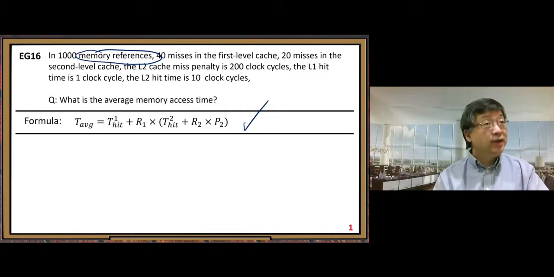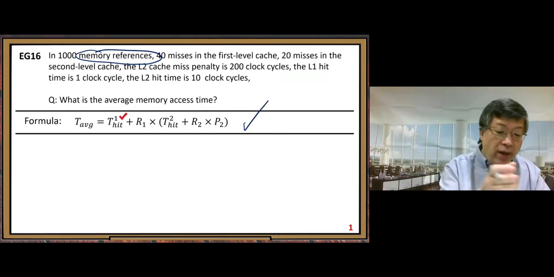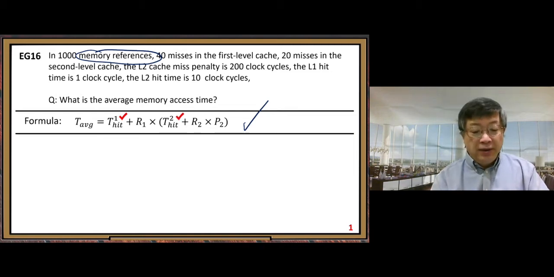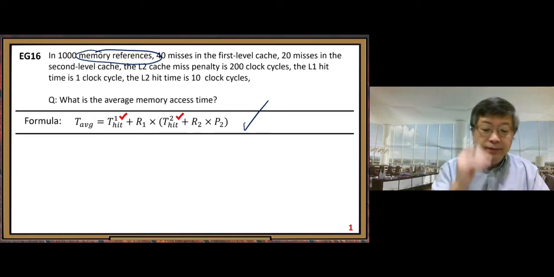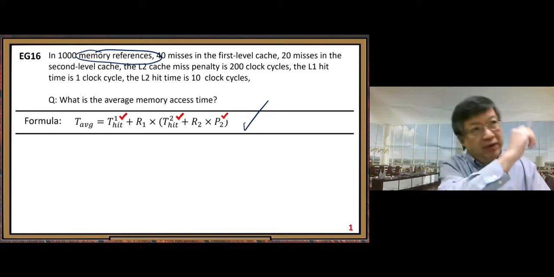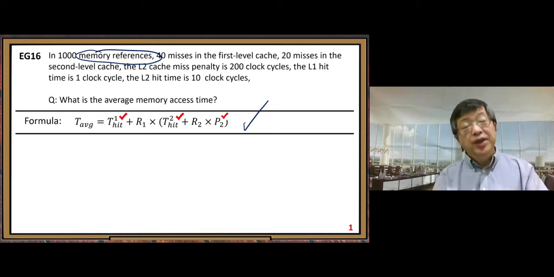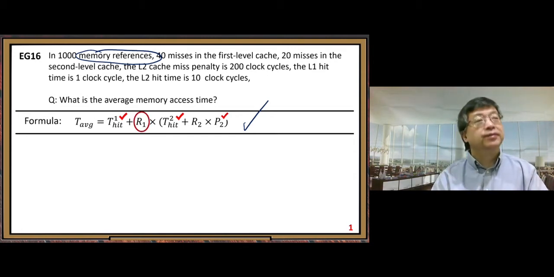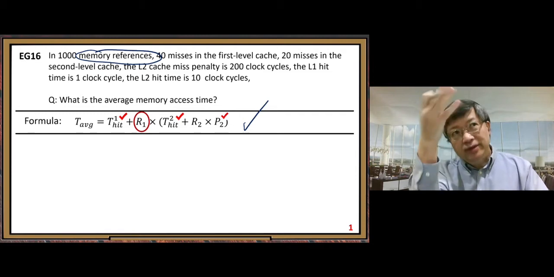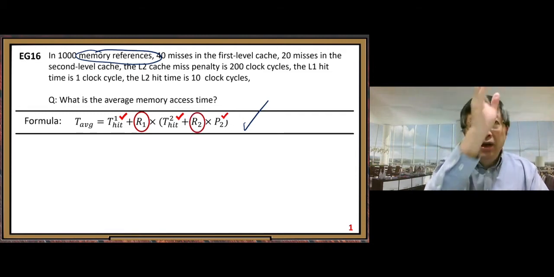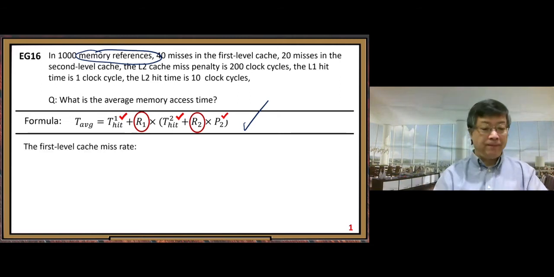Which ones are known? L1 hit time is given. L2 hit time is given. The L2 miss penalty is also given. But we need to calculate R1 and R2.